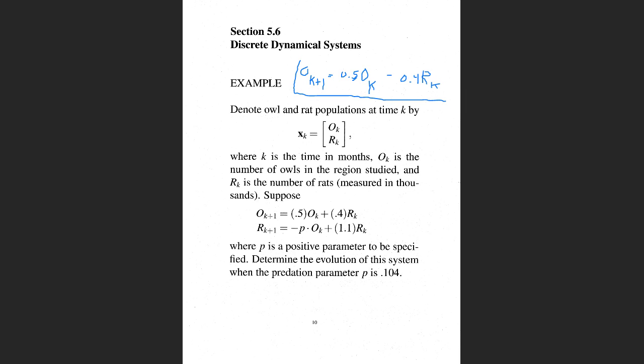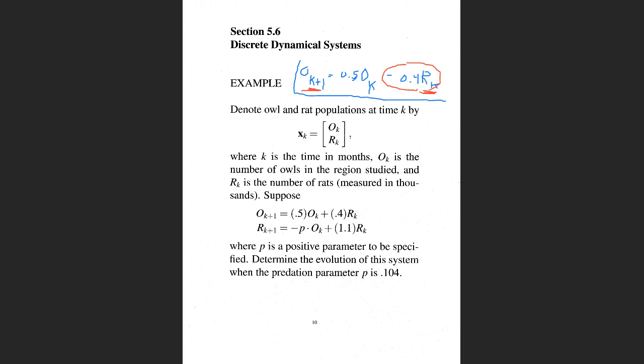So in other words, the more rats there are, that's going to make this a bigger negative number. The more rats there are, the fewer owls there would be. The more rats there are this month means fewer owls next month.